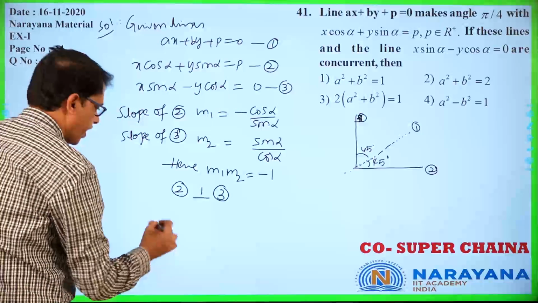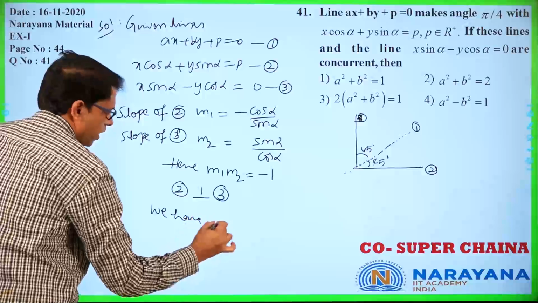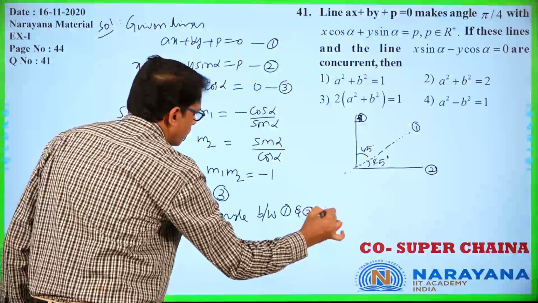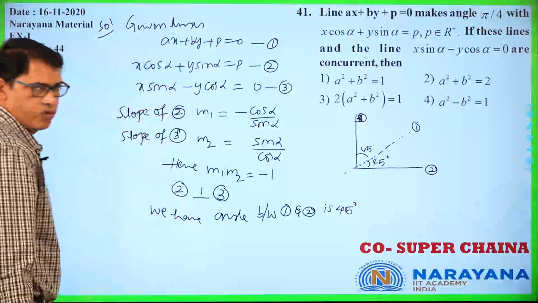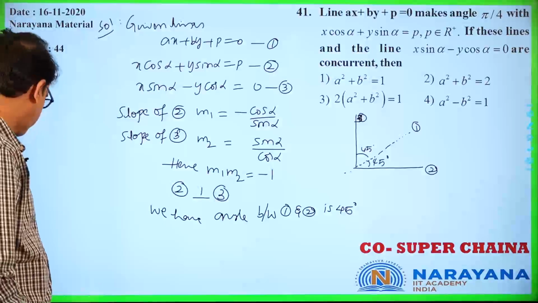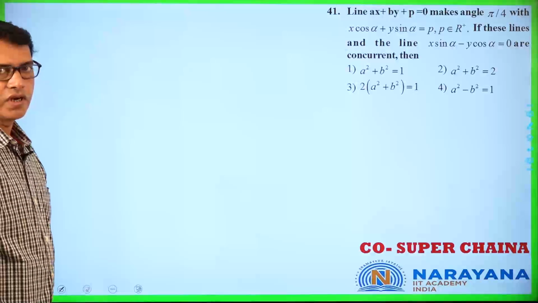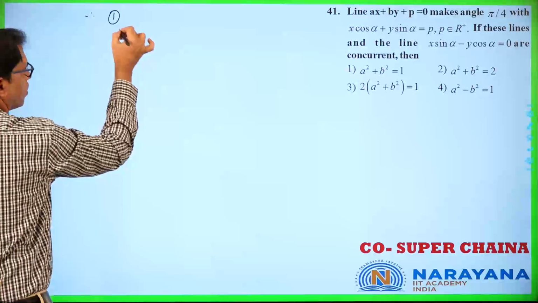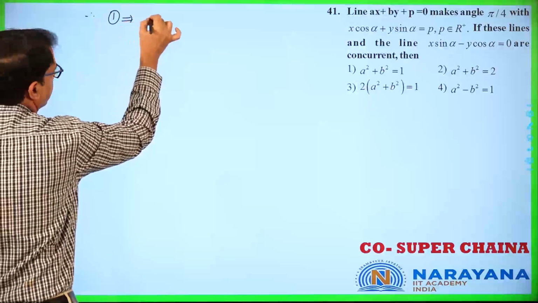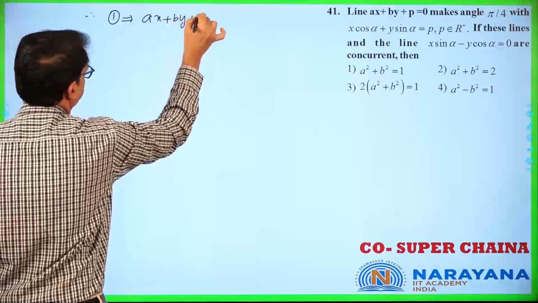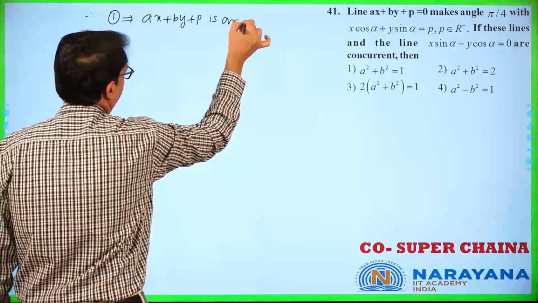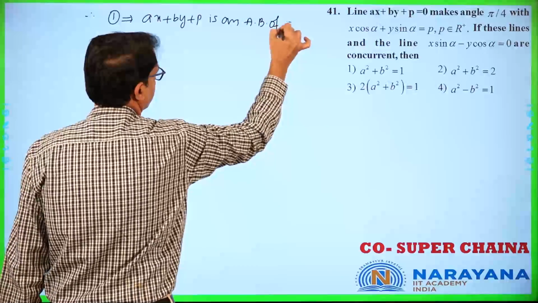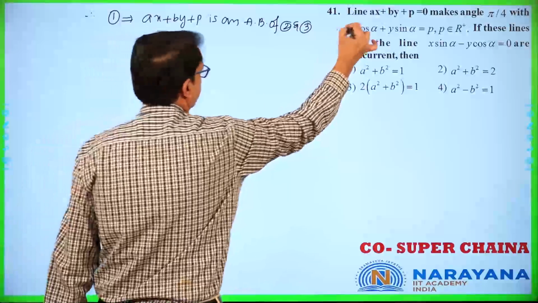Okay? So we have the angle between 1 and 2 is 45 degrees. Therefore, what is the result we got? Equation 1, that is ax plus by plus p, is an angular bisector of 2 and 3, so this one and this one.